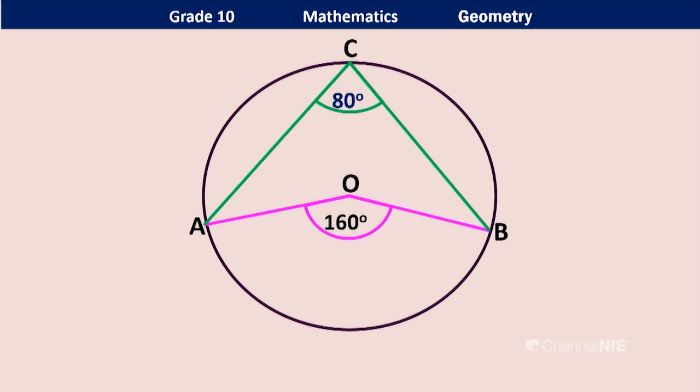Now, I am going to change the angle subtended on the center once again. This time AOB is equal to 180 degrees. If I say angle AOB is equal to 180 degrees, what comes to your mind? Yes. So, AOB should be a straight line segment now.